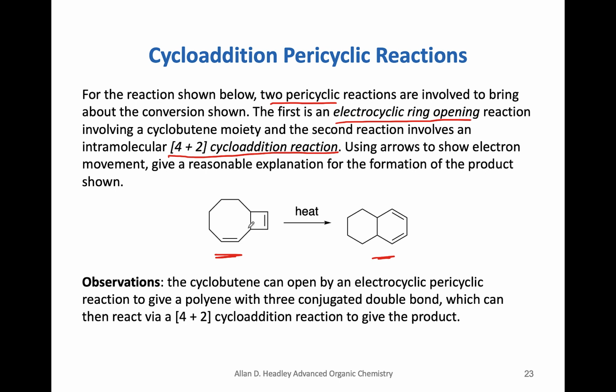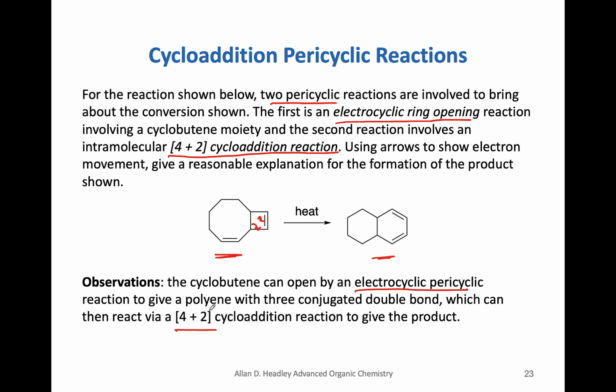So here's a cyclobutane right here. So it seems as if there's an electrocyclic ring opening of this here. Let's see if we can do that. So it seems as if this goes here first, and that creates a conjugated system, and then there is a 4+2 with what results.